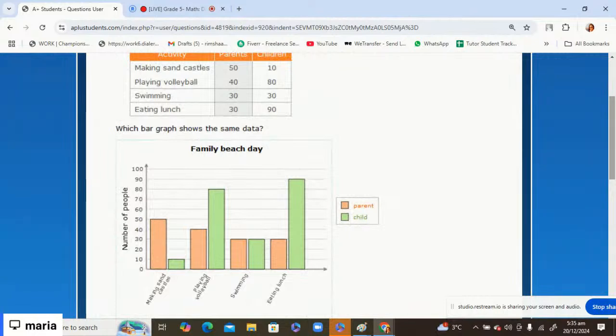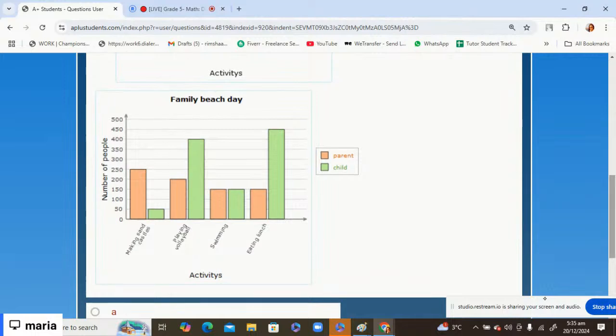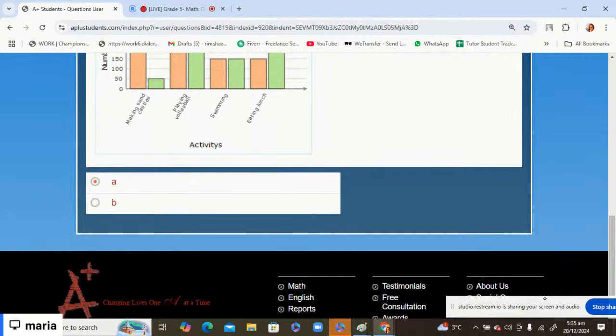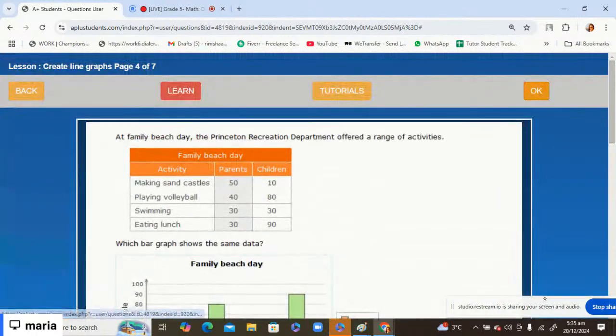But in our data, the numbers are smaller than 100, so that's why we choose a difference of 10. So graph A is right and graph B is wrong, because in the y-axis they are choosing 50, 100, 150, and so on. I hope you guys understand this lesson. Solve the rest of the test questions regarding this lesson by yourself.